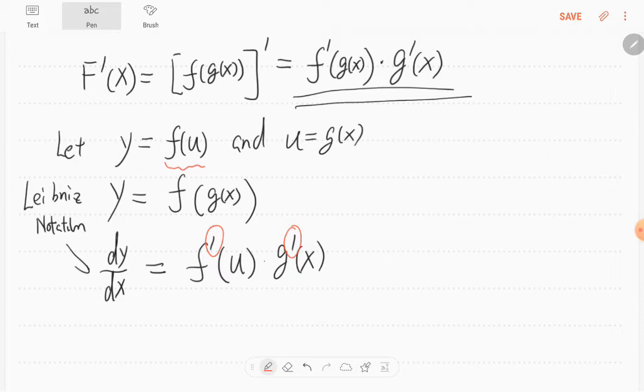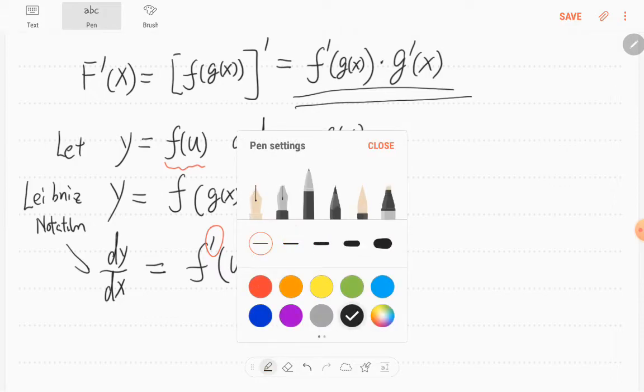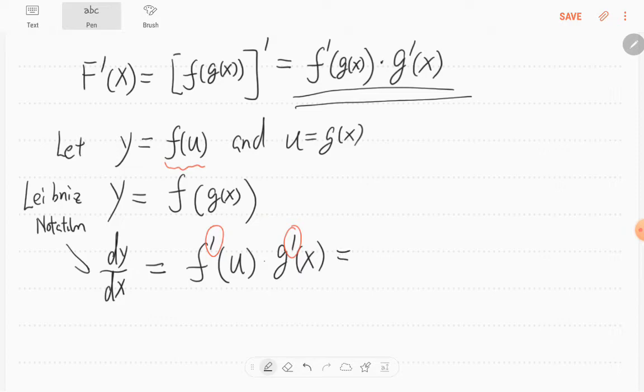If you are not familiar with this notation, or don't like it, let's use the Leibniz notation. The derivative of f with respect to u is dy over du, times dg over du, so du over dx, where u equals g.